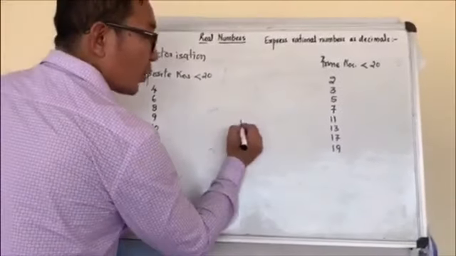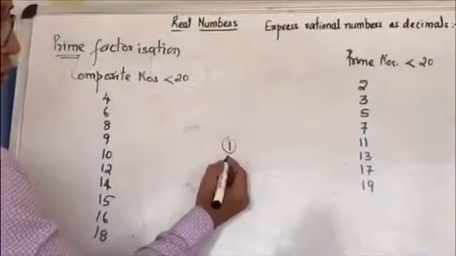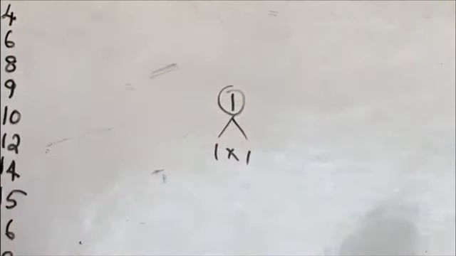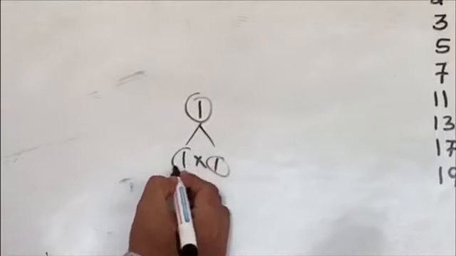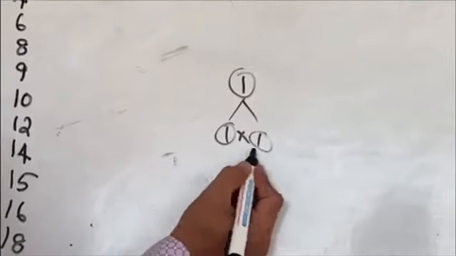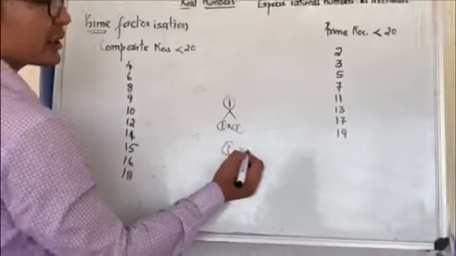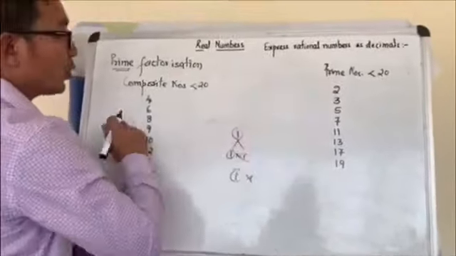What about 1? 1 is special. 1 is neither prime nor composite number.